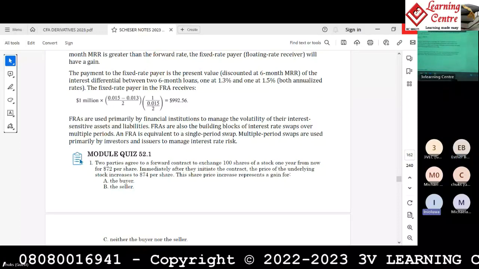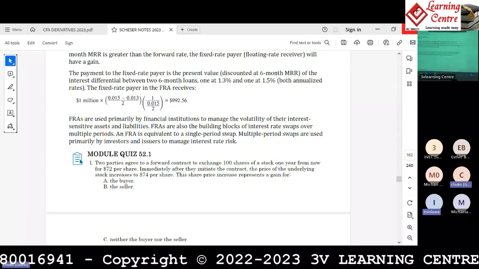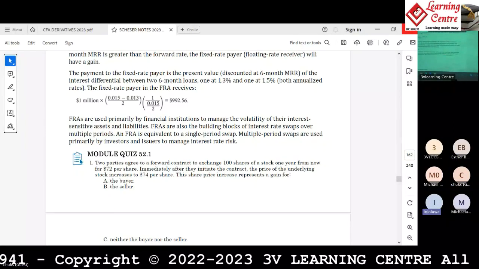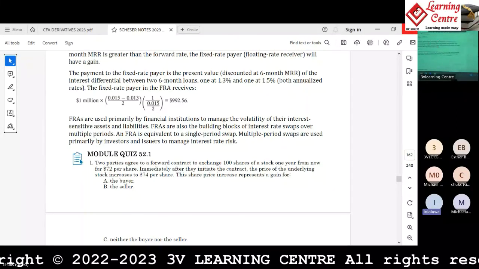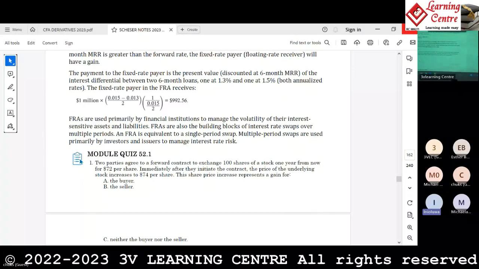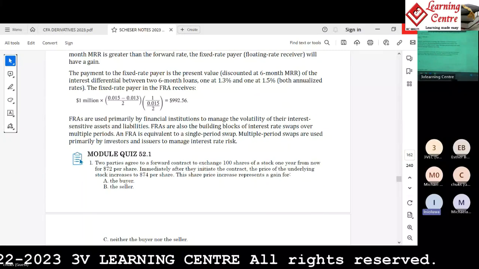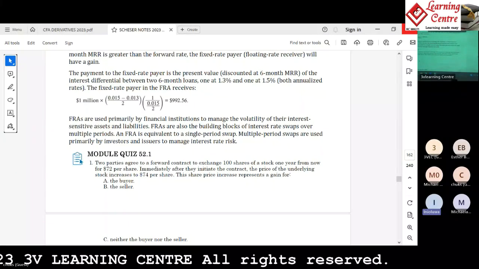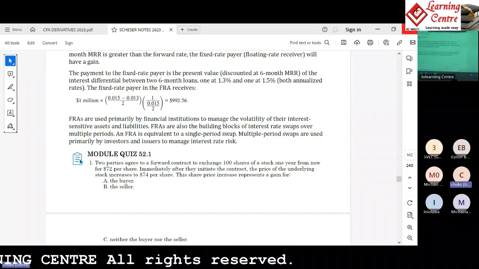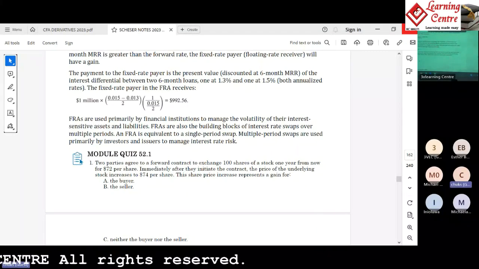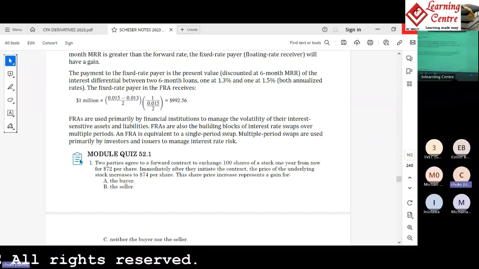For the buyer, why? Because if there is an increase in the price, it is a gain for him, because he gets to buy at that lower price, not at the current price. Okay. Exactly. Yeah, very correct.